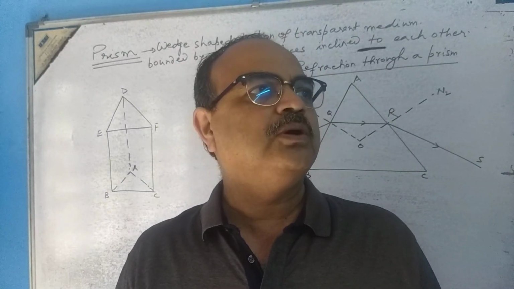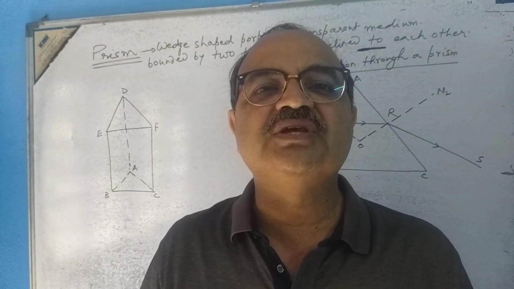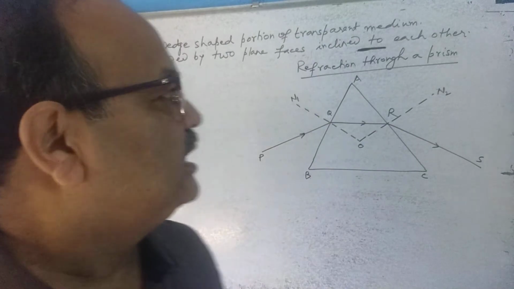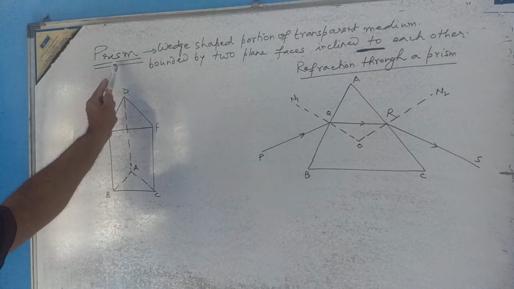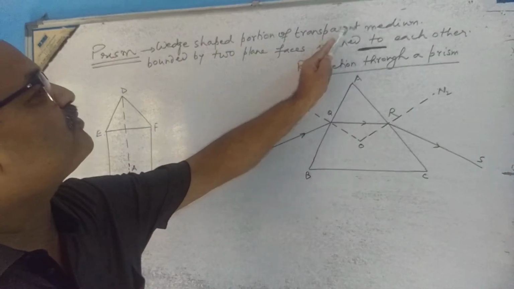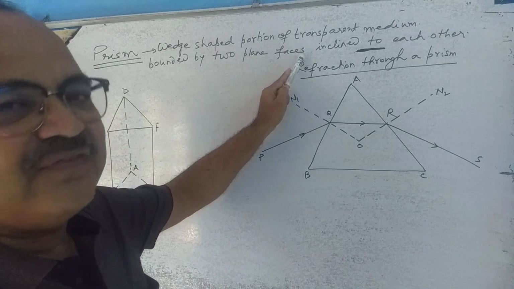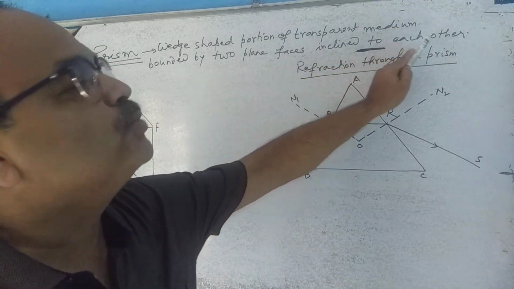Okay. Now, today our discussion is regarding the prism. Let us first see what a prism is. Actually, I have written it here. What is a prism? A prism is a wedge-shaped portion of a transparent medium bounded by two plane faces inclined to each other.